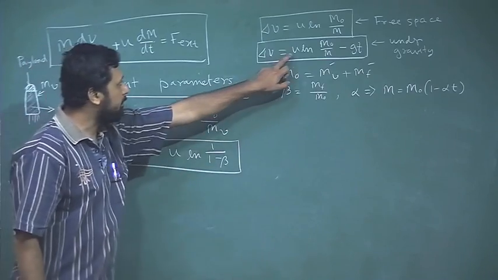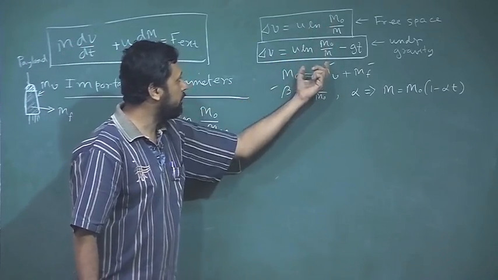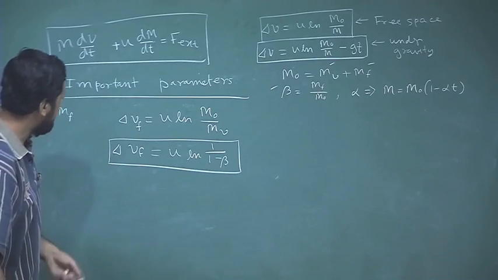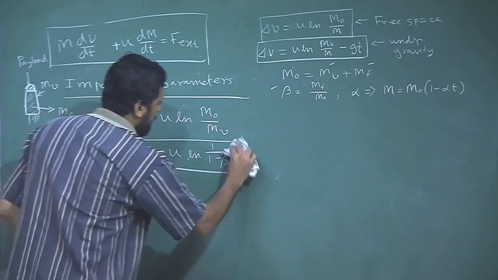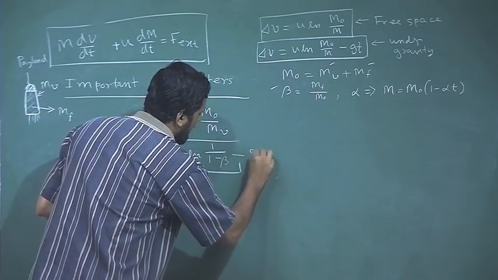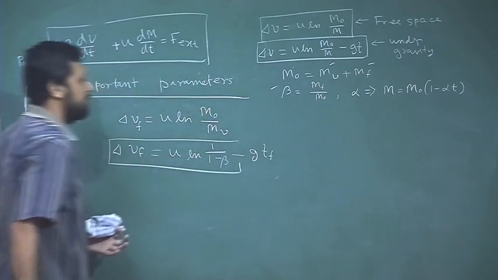The same goes for rocket motion under gravity, because this part is identical. We can have a similar expression of delta Vf, the only thing is we will have a minus g Tf on it.